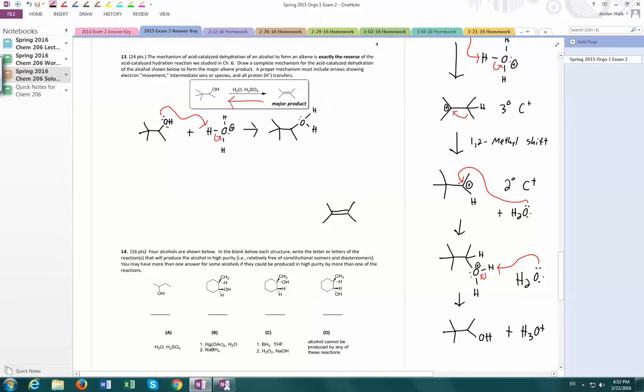We're just not to it yet. All right, so we have that structure right there. And then how can we go from this structure to this structure? What if we just pop off a water molecule? Will that do it? Yeah, because think about it. Here we're basically popping on a water molecule, and so to go from this to this, we just want to pop it off. So that's exactly what happens.